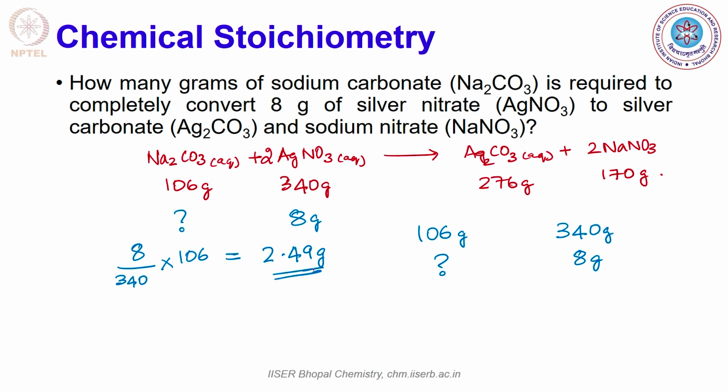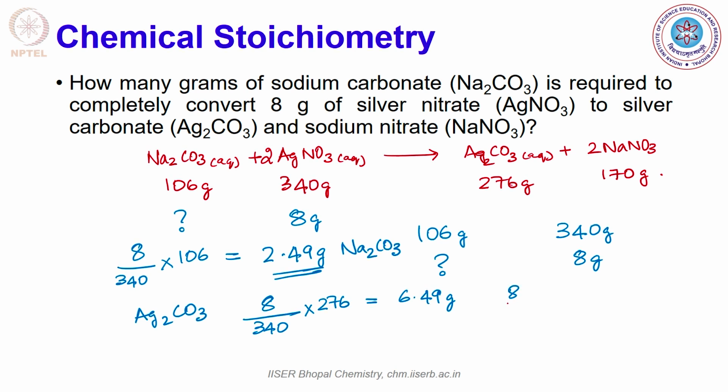And now that we have understood that 2.49 grams of sodium carbonate is required, let us also determine how much Ag2CO3, that is silver carbonate, will be formed. Using the same formula, you are going to have 8 by 340 times 276, which is going to be equal to 6.49 grams. And how much NaNO3?